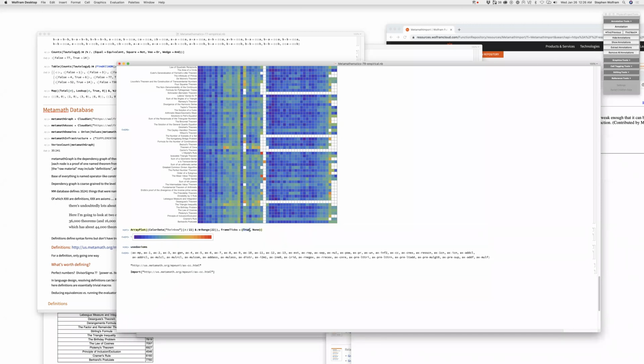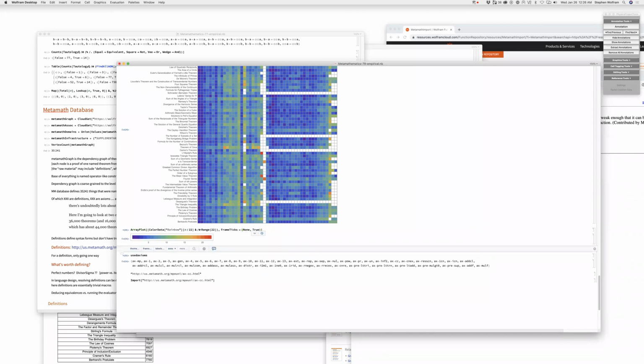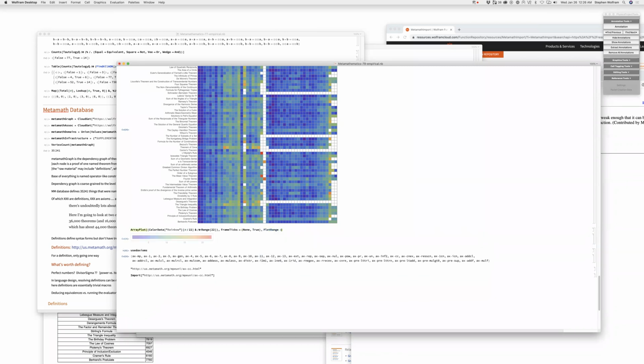Is it the other way around? None, comma, true? Why would it be the other way around? Well, whatever. Okay, great. Now they know that that red isn't like 100 or something.